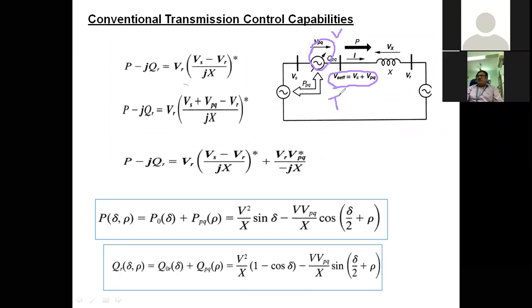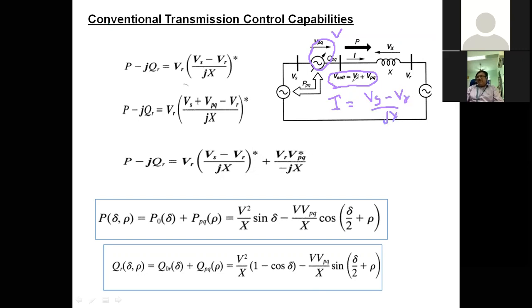Without compensator, the current flow is simply the potential difference, Vs phasor minus Vr phasor, divided by the reactance, that is the impedance. This is the current.